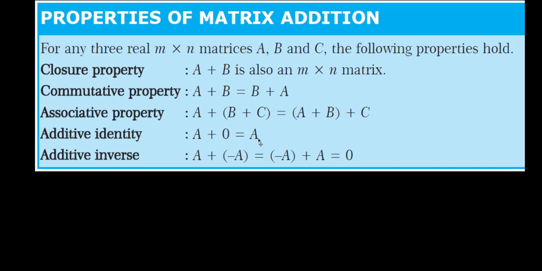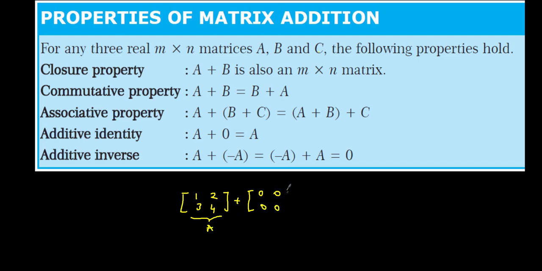And identity means the zero, like a 2 by 2 matrix for a 2 by 2 matrix. If I add, let's say, 1, 2, 3, 4 by 0, 0, this is A, and this is the 0 matrix.